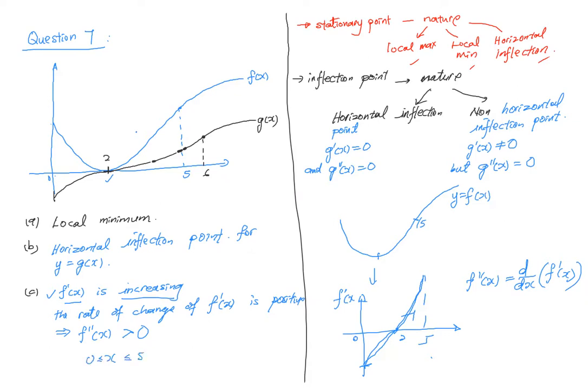If I want to know whether f prime x is increasing or decreasing, I look at the shape of the f(x) graph. If the shape is convex, then f prime x is increasing. If it's concave, then f prime x is decreasing. Got it?